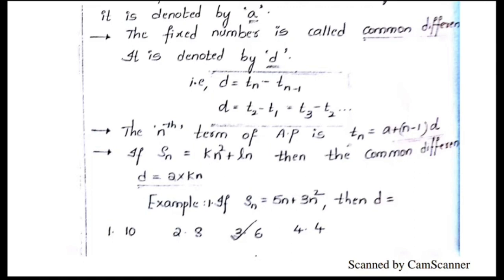If the sum of n terms, Sn, is equal to k into n square plus l n, then the common difference d is equal to 2 into k. That is, take the coefficient of n square, which is k, and multiply by 2.